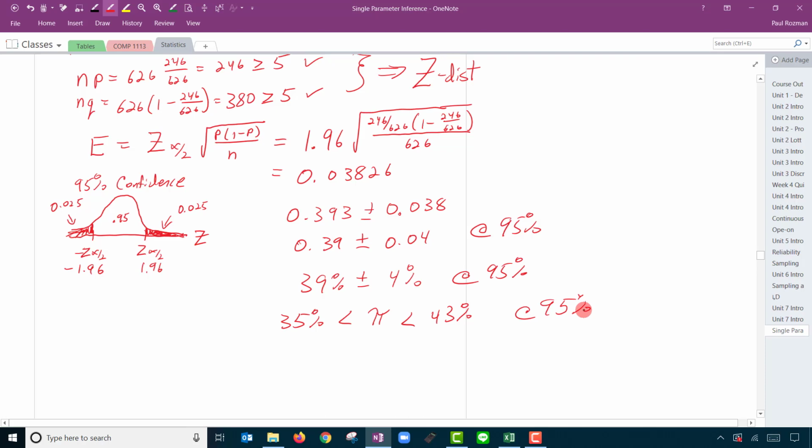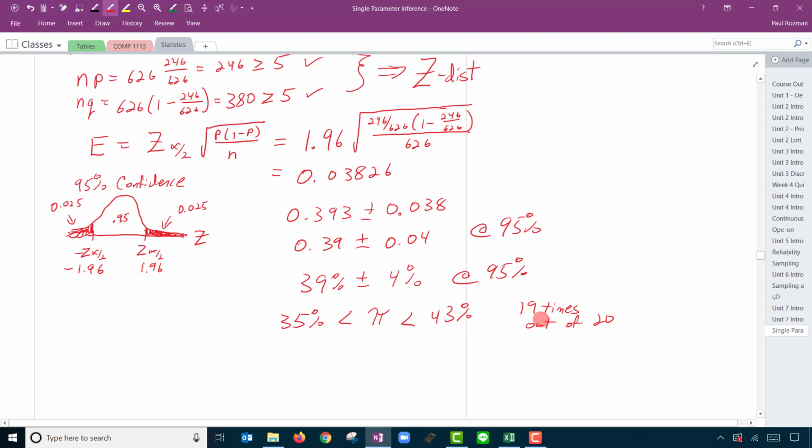Sometimes people will write, instead of 95%, they'll say 19 times out of 20. In fact, they usually write it out. So if you ever see a survey result, say on the news or something, they'll often add that clarification rather than have a percent. It's just kind of awkward to read.